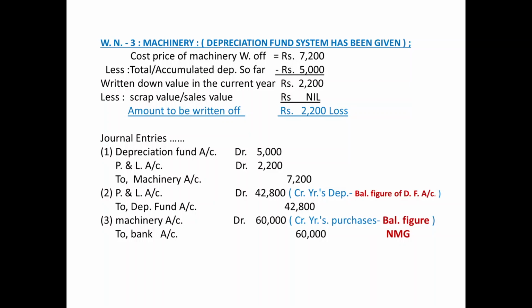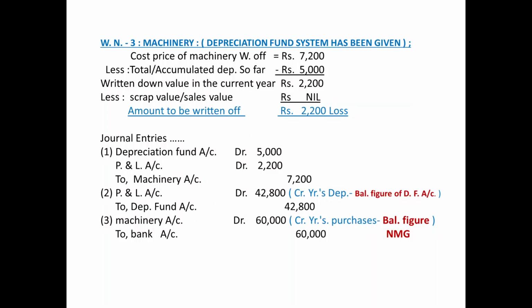Let us pass the journal entry. Number 1, depreciation fund account debited rupees 5,000. Now we are taking out the total amount of depreciation of this machine which has been discarded in the current year, which was there in the opening balance of depreciation fund.